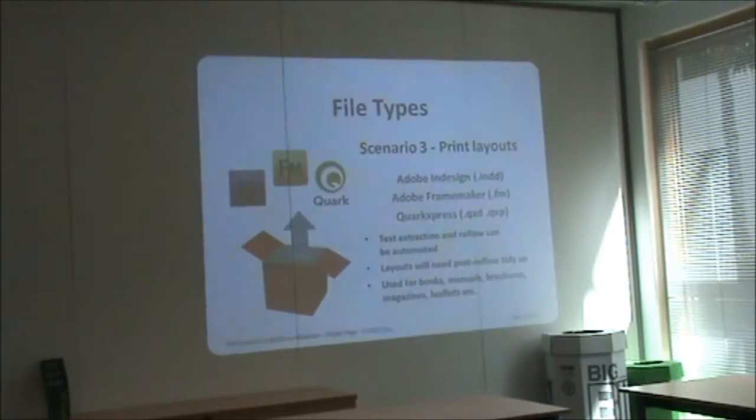Quark doesn't have its own native code format that you can export to. However, there is some software called CopyFlow Gold, and it's the market leader in processing Quark into text. It's a plugin for Quark.